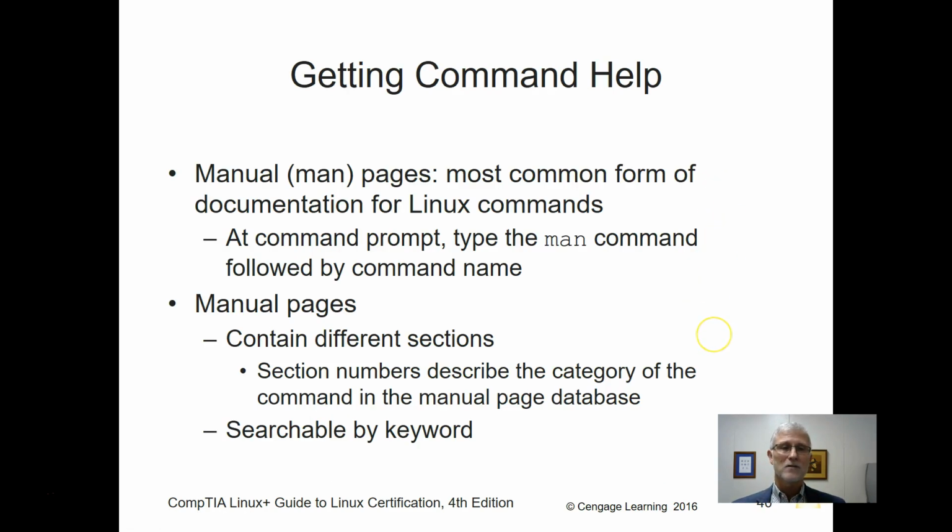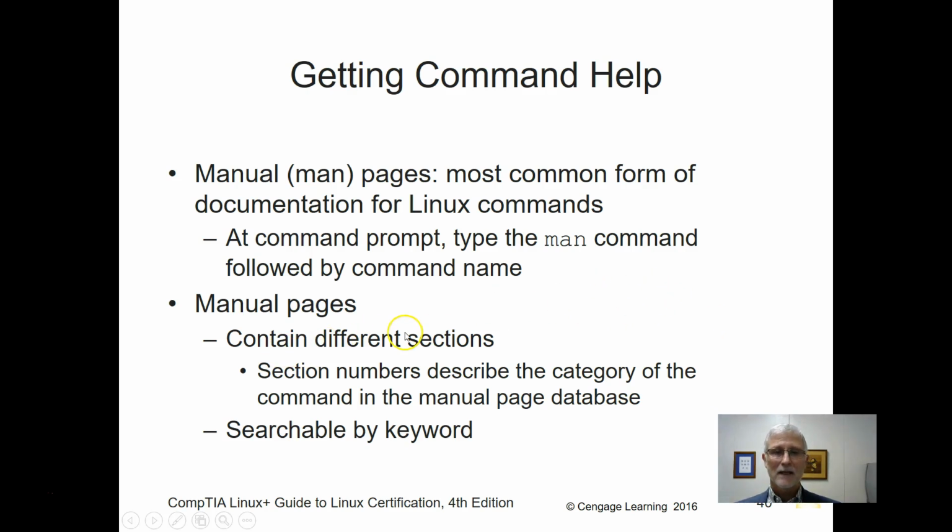Now, there are a couple of ways of getting help. The system has manual pages, which we get used to as man pages. You type man, a space, followed by the command, and it gives you all the information about that command.